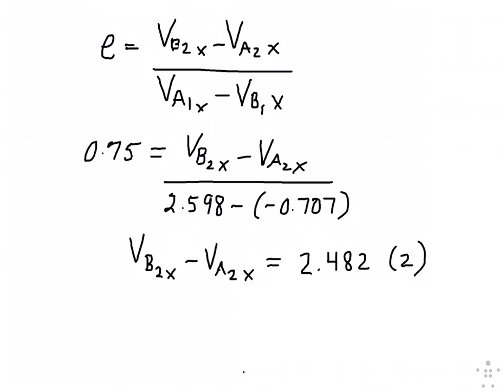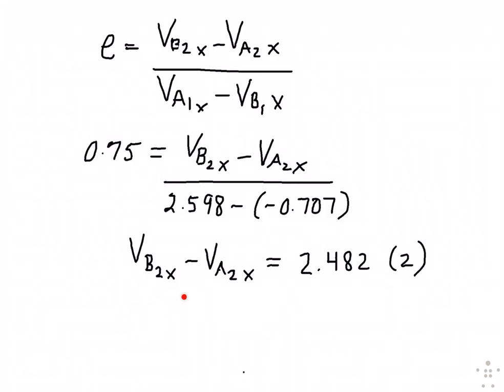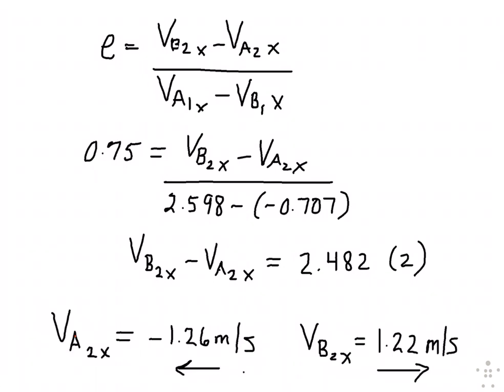In simplifying this ratio, we get VB2x minus VA2x equals 2.482, and this becomes our second equation. So now we have our first equation from our conservation of linear momentum, and our second equation using our coefficient of restitution. We have two equations and two unknowns, and we can solve for VB2x and VA2x.